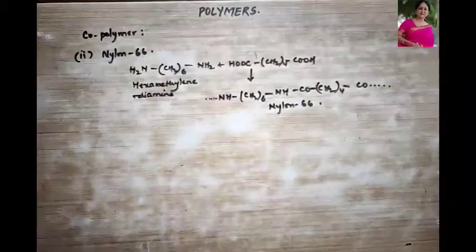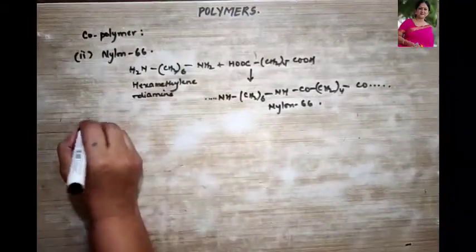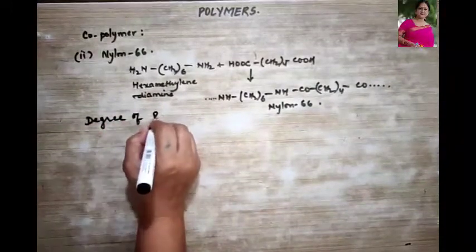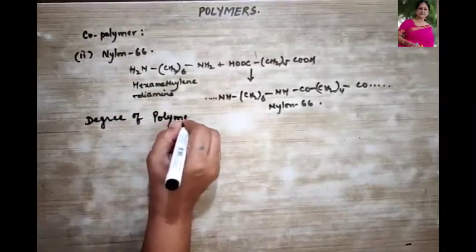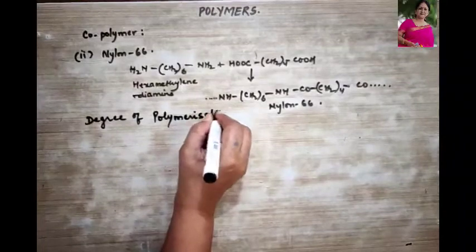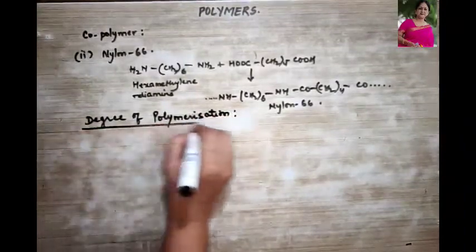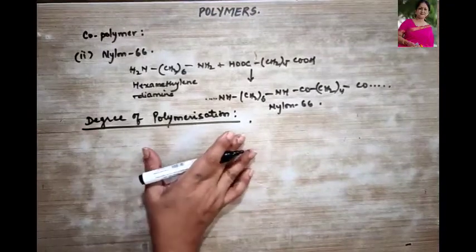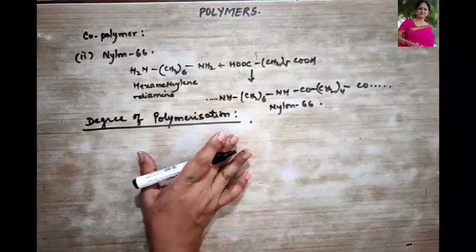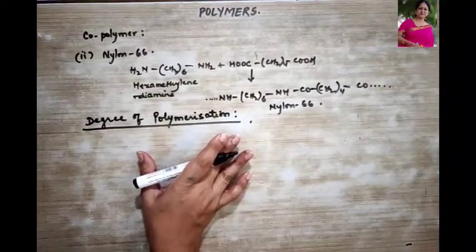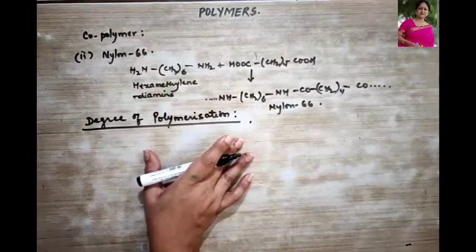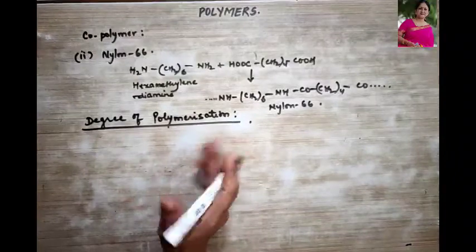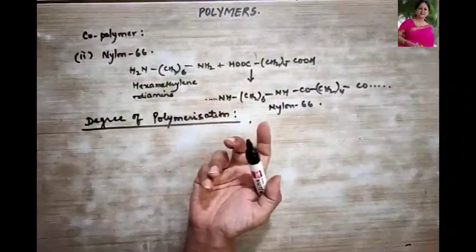Now next we come to degree of polymerization. The number of monomers which constitute a molecule of a polymer is called the degree of polymerization. For example, in a dimer the number of monomers is 2, in a trimer there are 3.